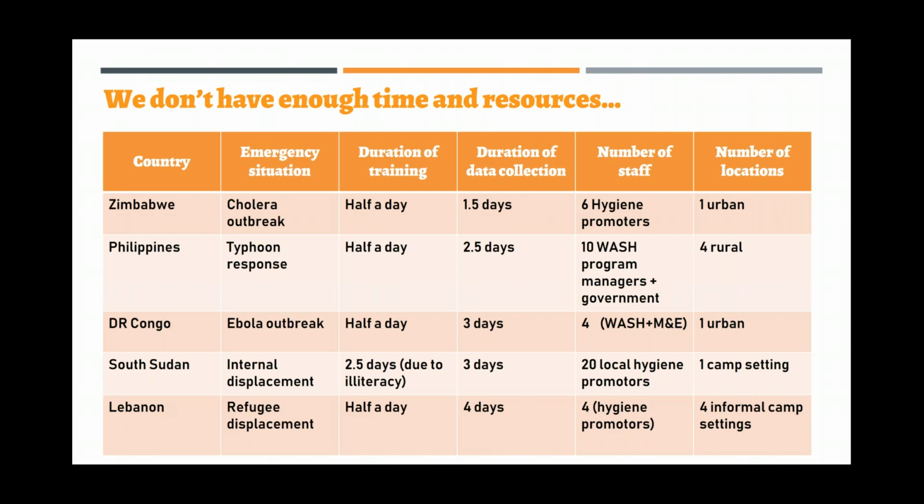What we have seen works best is probably training about 6 staff members. This allows you to break up into 3 teams when you're doing the data collection. So what we normally have is one team that is focused on collecting the hand washing demonstrations, another team of 2 people that are collecting the personal history method, and then another team of 2 people that are doing the focus group discussions.